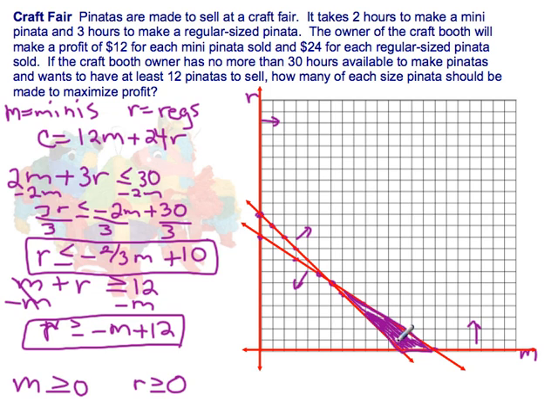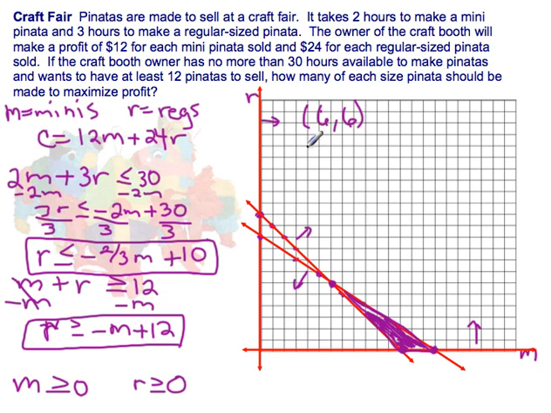Again, I want to maximize profit, so I'm going to find the intersection points. Sometimes these are hard to read, so you've got to be real careful. This is at 1, 2, 3, 4, 5, 6, and 1, 2, 3, 4, 5, 6. So we have the point 6, 6. Then we go 7, 8, 9, 10, 11, 12.